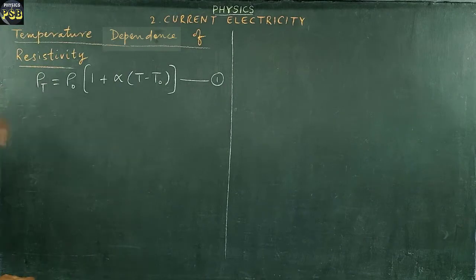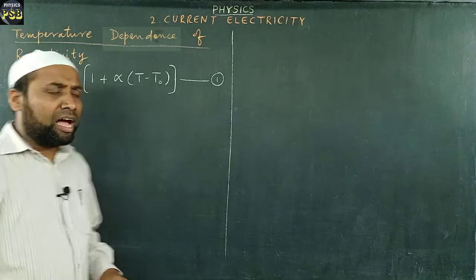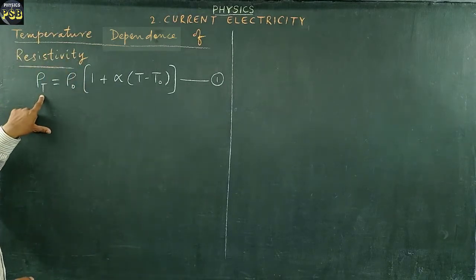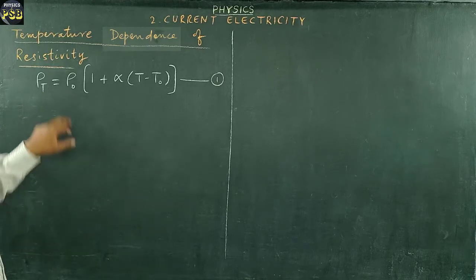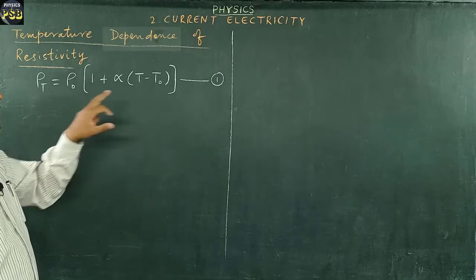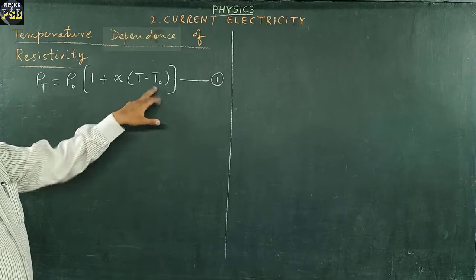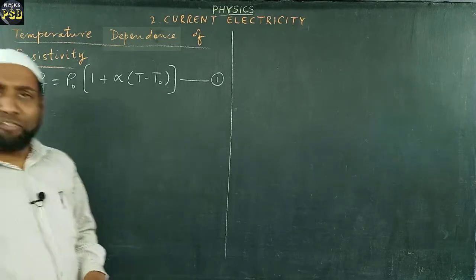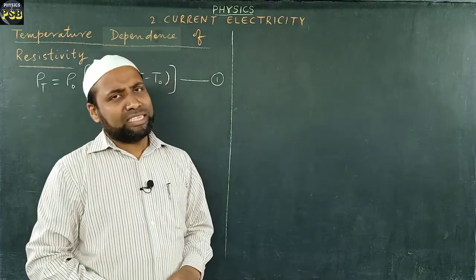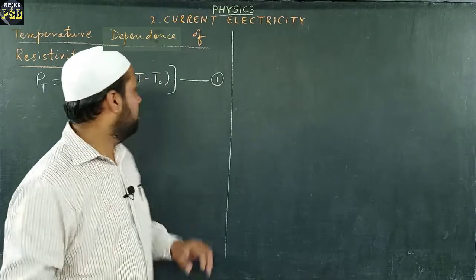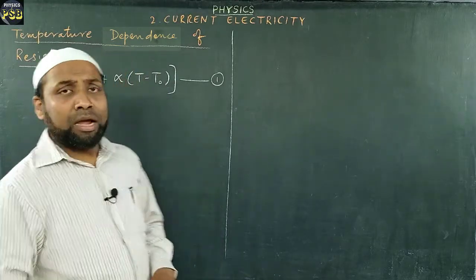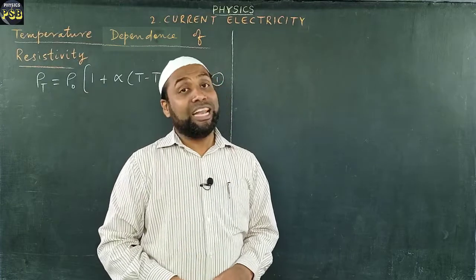Here rho T stands for resistivity at temperature T and rho naught stands for resistivity at temperature T naught. Here T naught is nothing but a reference temperature. Usually it is taken as 20 degrees Celsius, and alpha is nothing but temperature coefficient of resistivity.